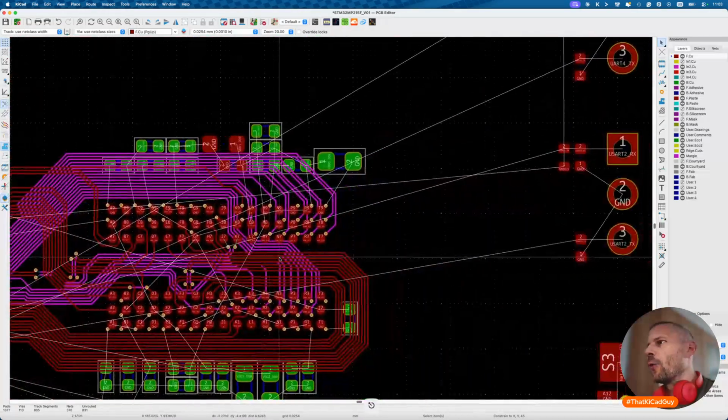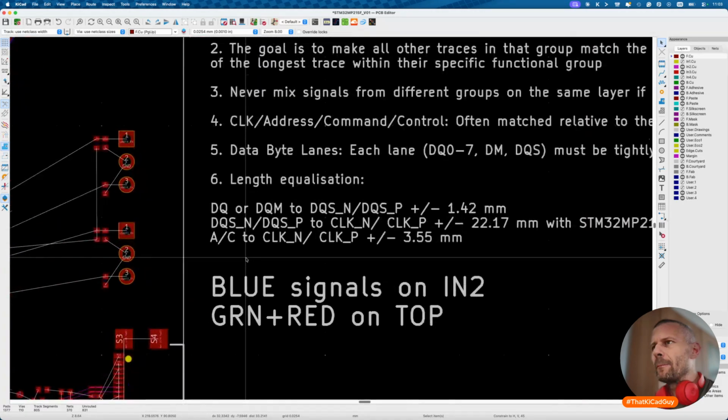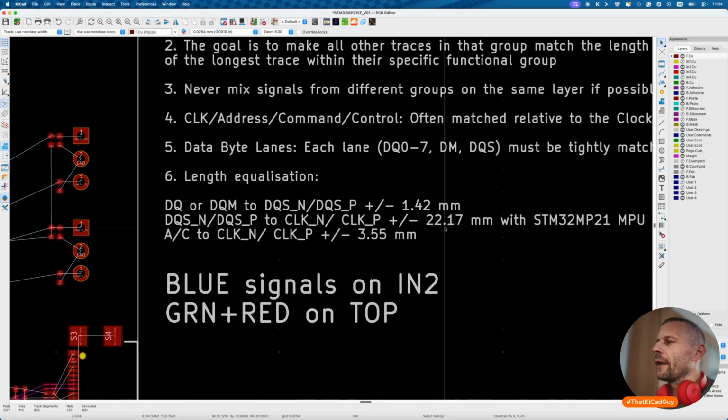I don't know how both DQS must be matched in between. But there is like a big length difference.